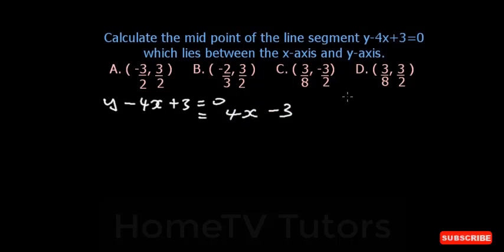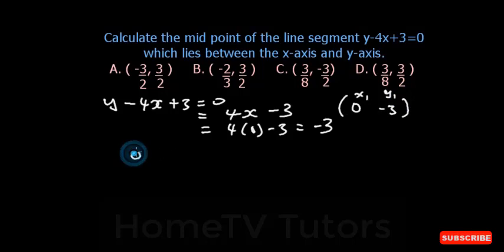When x is 0, that is x1 is 0, y is equal to 4 times 0 minus 3, which is now equal to minus 3. So y1 is minus 3.